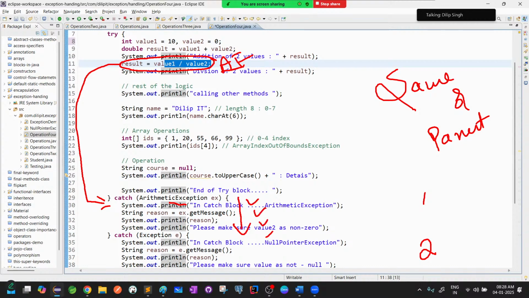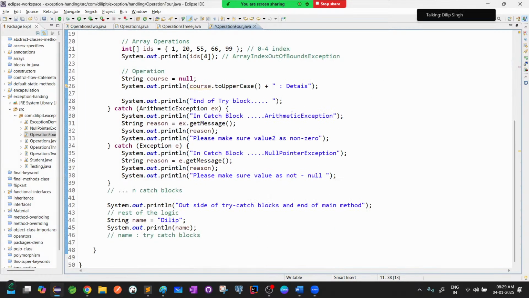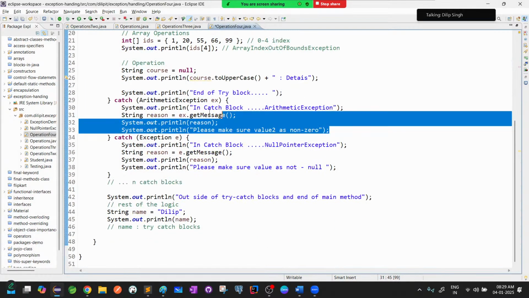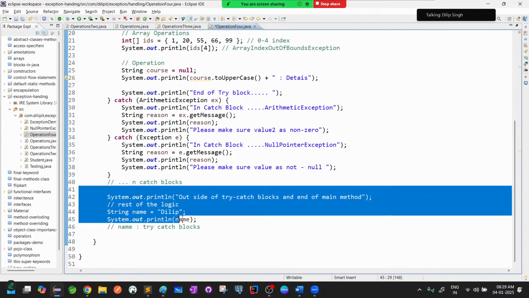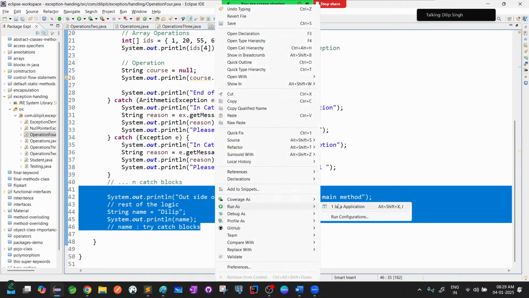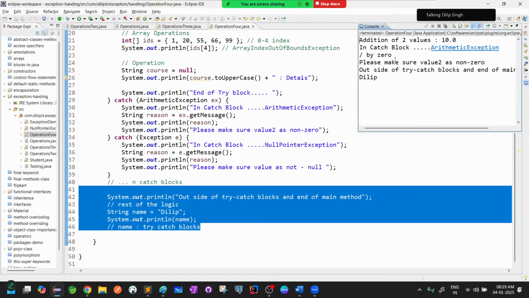And then once one catch block is executed, I said it will leave all the other catch blocks associated with that try block and move to the next lines. So that means once this block is executed, it will come here and execute it. That is our expectation. See here, yes, that's what happened. It entered into the arithmetic exception and executed outside.